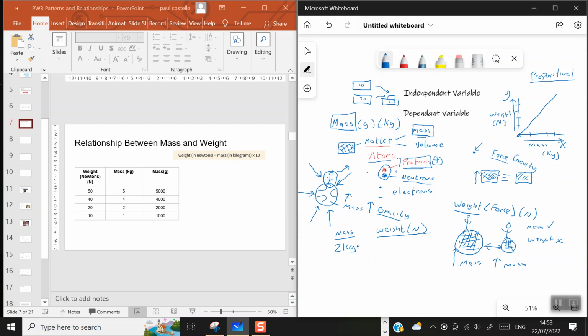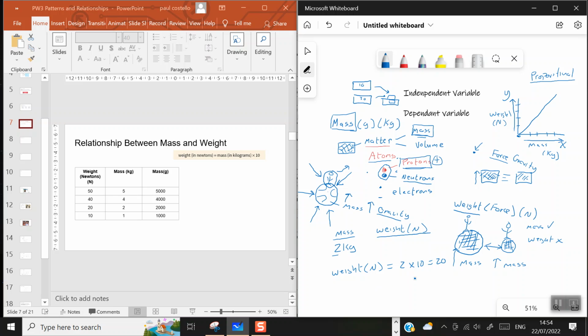So we can say that the weight in newtons, which is what we're trying to find out, is going to be equal to mass in kilograms, which in this case is 2, multiplied by 10, which is going to be equal to 20.